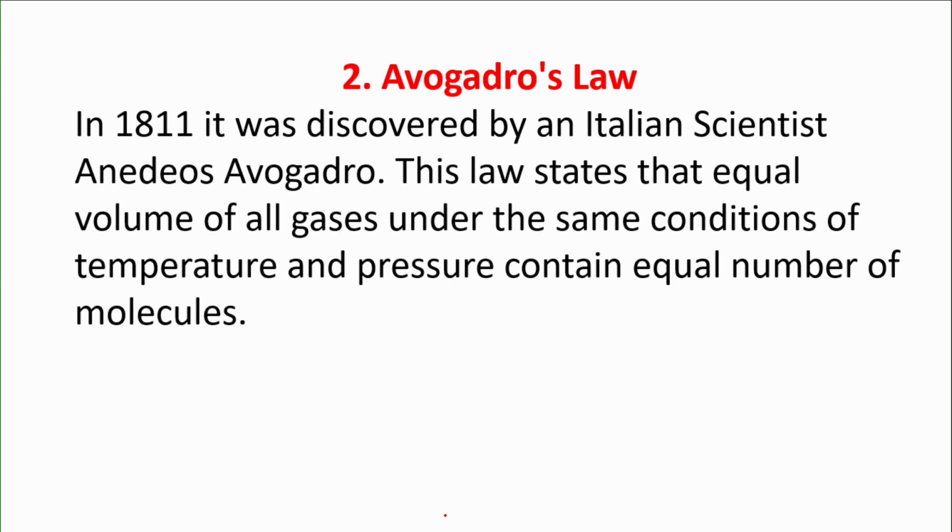We use the term STP, standard temperature and pressure, and also NTP, normal temperature and pressure. At standard temperature and pressure, 1 mole of a gas contains 6.023 into 10 power 23 molecules. This is called the Avogadro number, and this is also called Avogadro law.